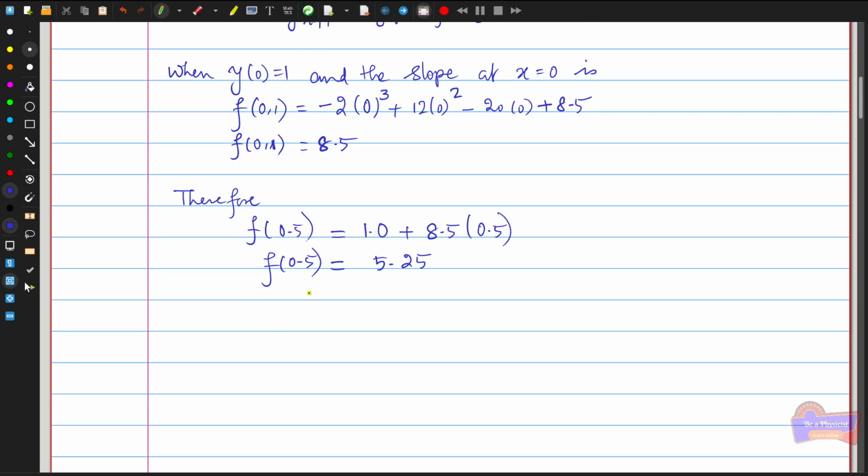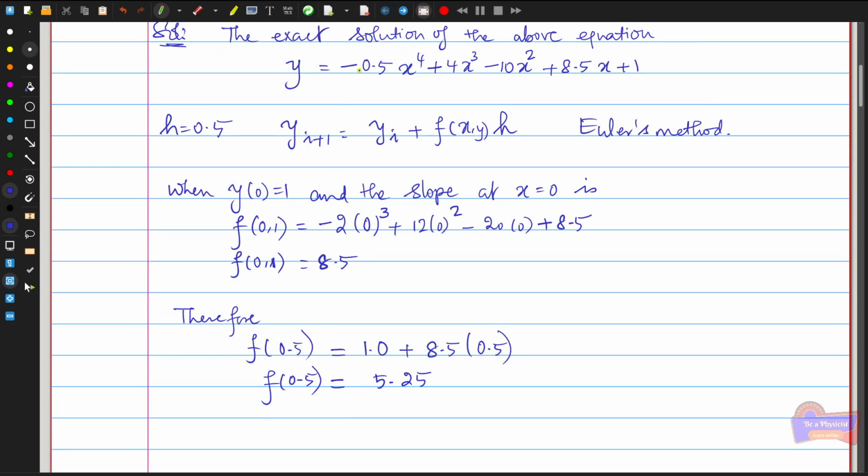We have to compare this value with the true value, that is, compare with the exact solution. If I substitute x equals 0.5 in the exact solution, we can find the difference between the exact and the numerically calculated solution.